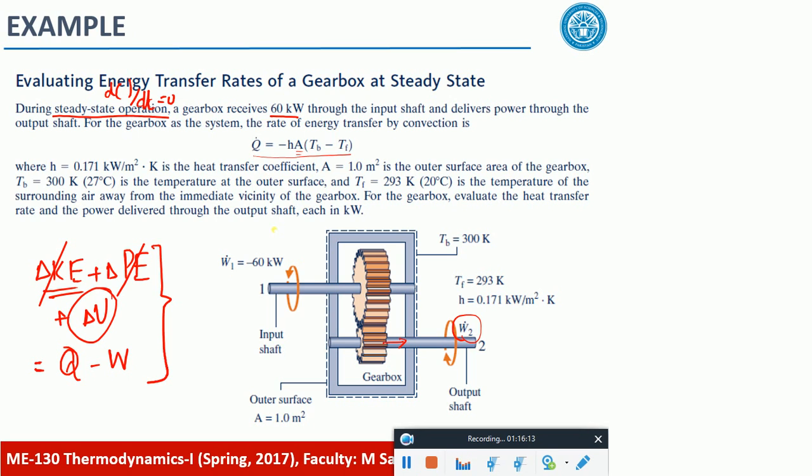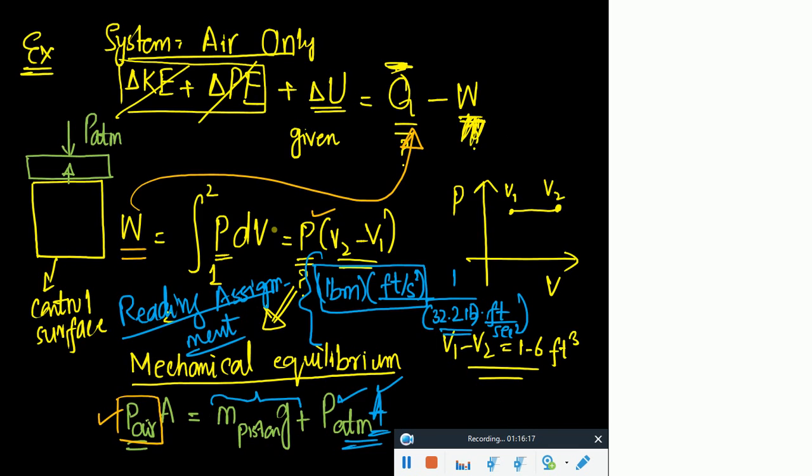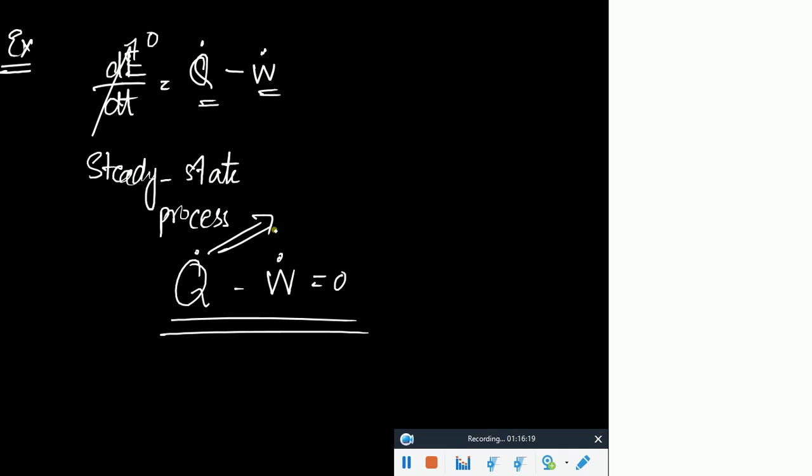You know h, you know A, you know TB, you know TF, right? And then just look at the work done or power transmitted to the system, and obviously there was some power which is also transmitted by the system to the surrounding by the second shaft, right?